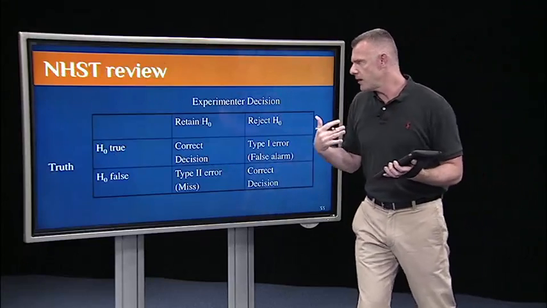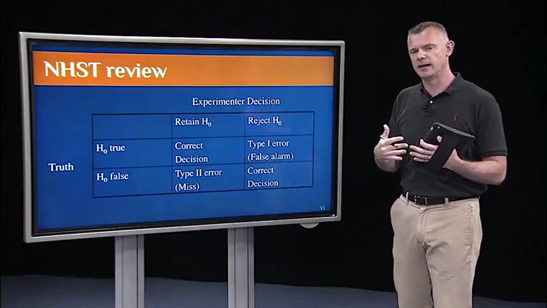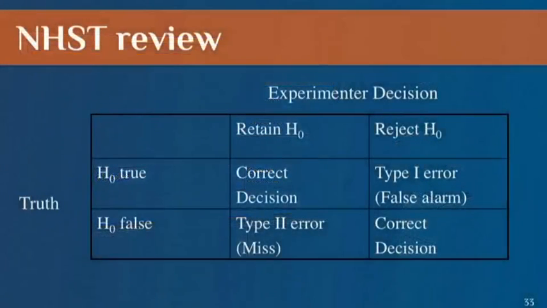Now, just to remind you about NHST and the problems inherent in NHST, remember that I set up this matrix where one of four possible outcomes will always happen when you engage in NHST. Think of the rows in this illustration as alternate universes.